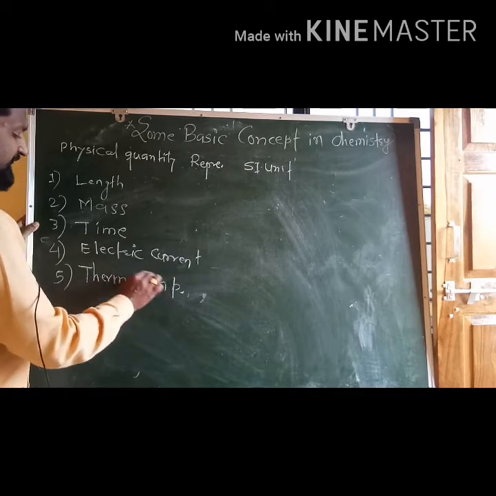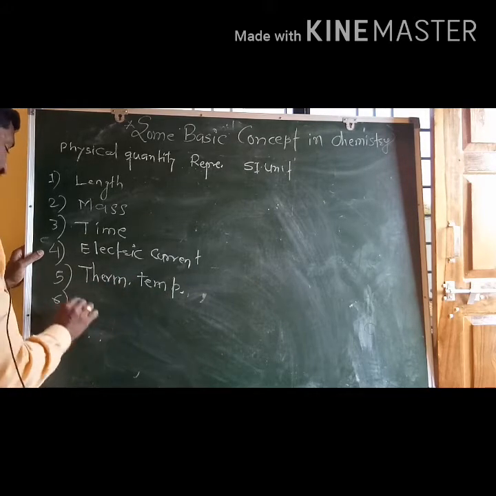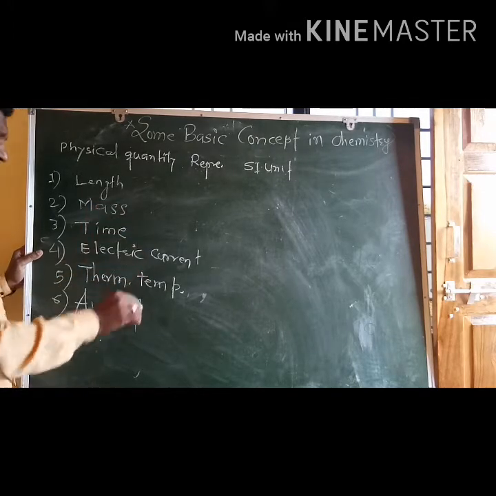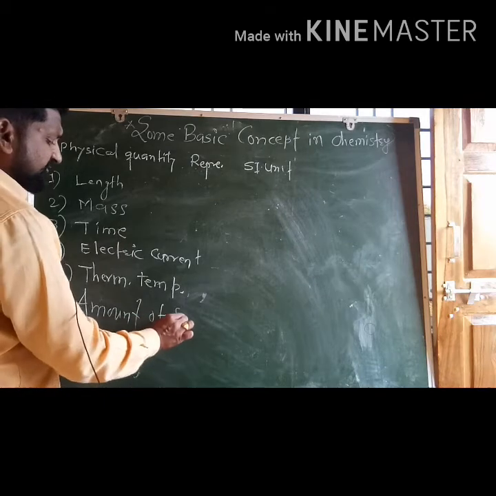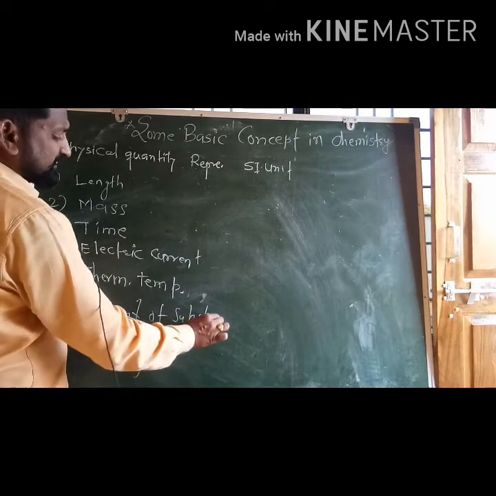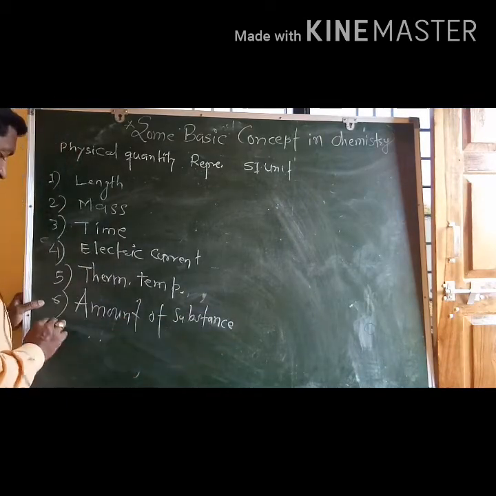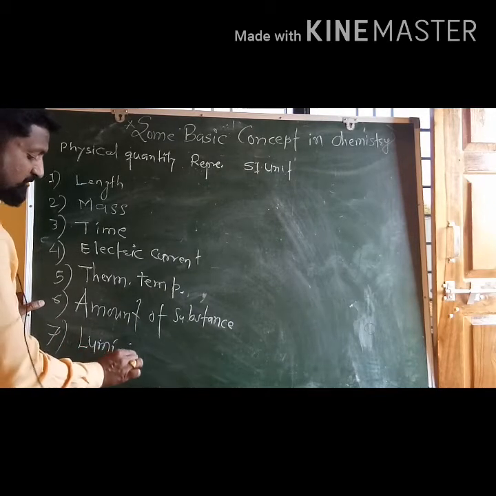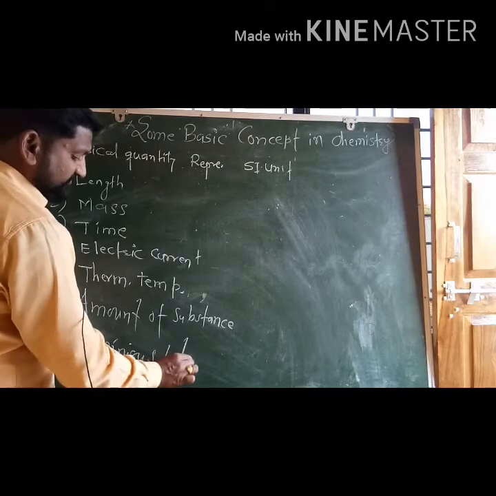After that we can write amount of substance, which is very important in chemistry. All are important in chemistry. Amount of substance, or you can simply say matter, about which we discussed yesterday. And the last one is luminous intensity.